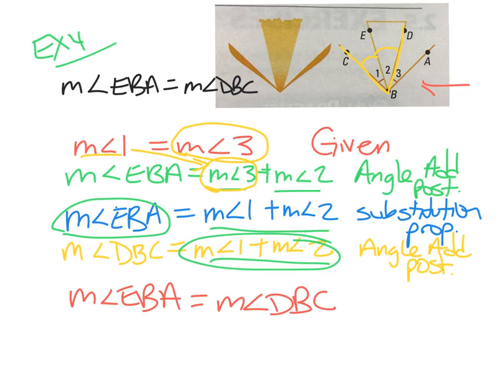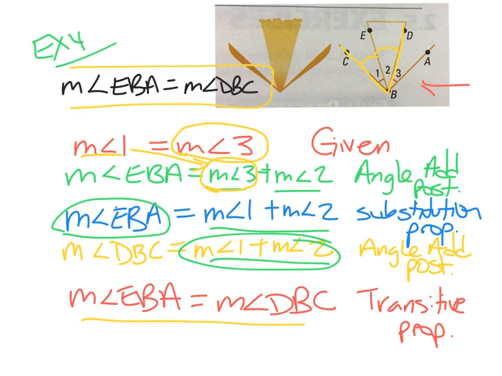Remember, if one thing equals one and then that same thing equals a different thing, it's transitive. Transitive property. And if you look here, this is what we wanted to prove to begin with. Congratulations, you have just written your first proof.